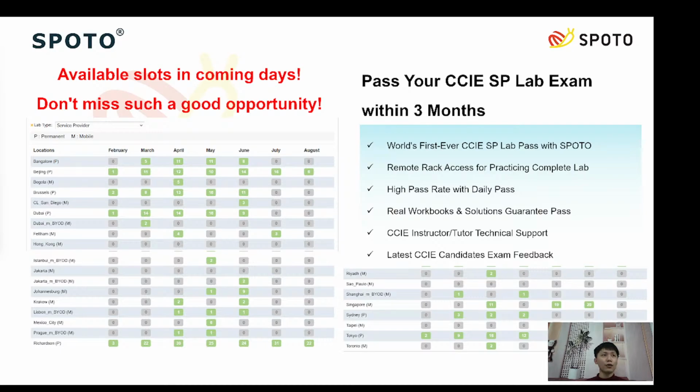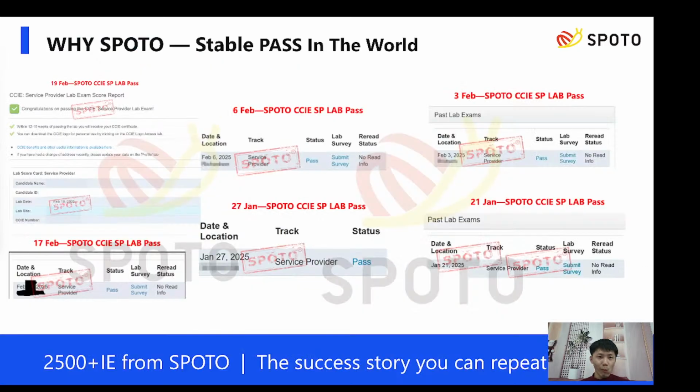So I suggest you guys, if you want to take the SP exam, you'd better hurry up. Okay, so here we show you again, this is our stable SP lab exam pass rate.